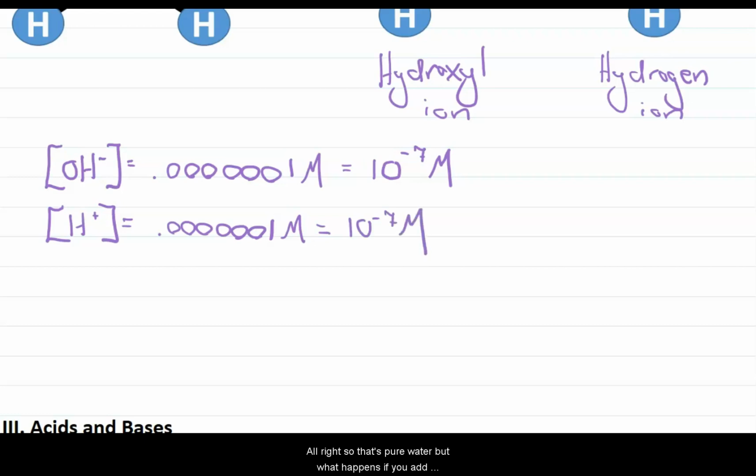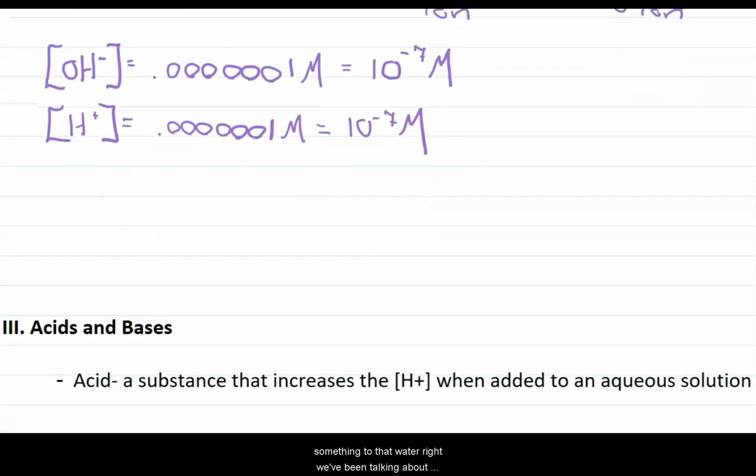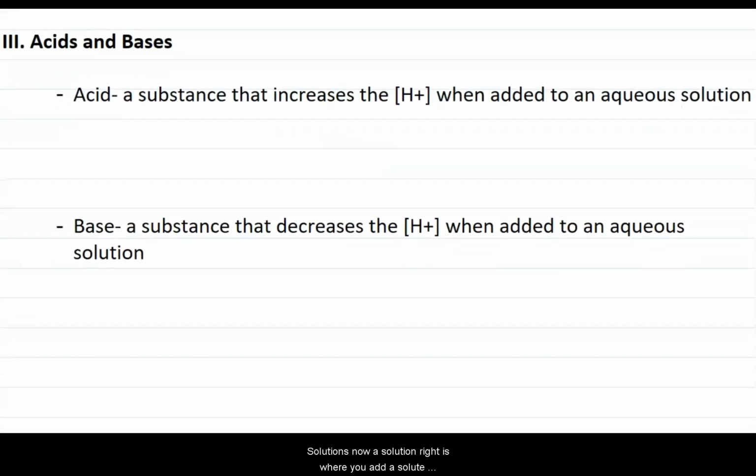All right, so that's pure water, but what happens if you add something to that water? We've been talking about solutions. Now, a solution is where you add a solute into our solvent. Our water is going to be our solvent. We have aqueous solutions in biology. So an acid is something where when you add it to water, it actually increases the number of hydrogen ions in that solution.